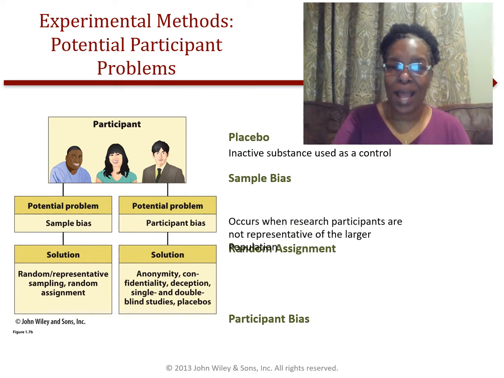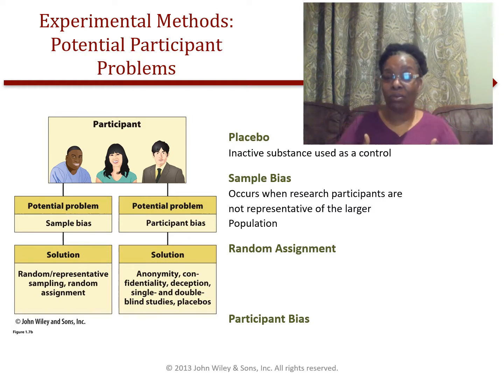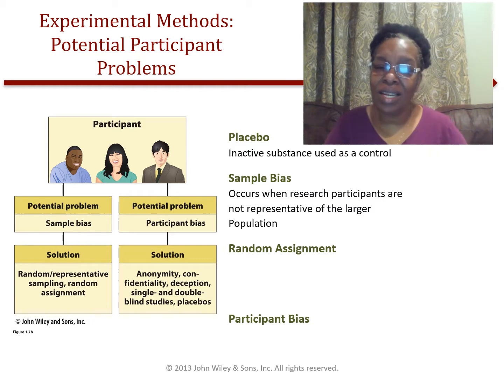Sample bias. This is happening when research participants really are not representing everyone. Now, of course, when we're doing research, we're not going to be able to say that a study covers the entire United States, for example.